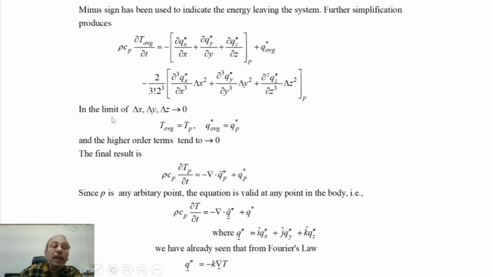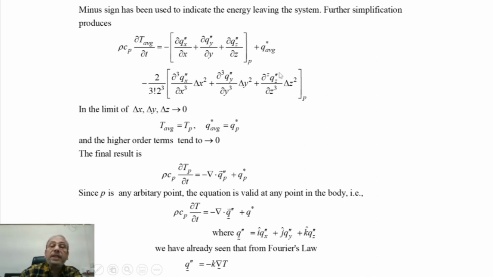Now in the limit of delta x, delta y, delta z tending to 0, all dimensions tend to 0, which means the volume is shrinking to a point, and these higher order terms will shrink faster because they are del x square, del y square, del z square.